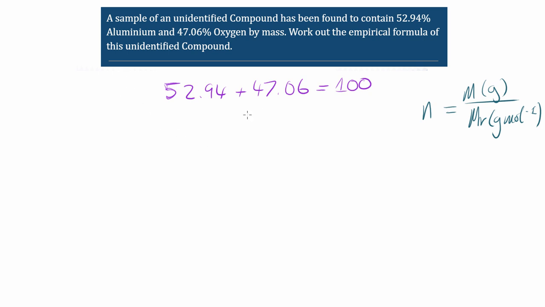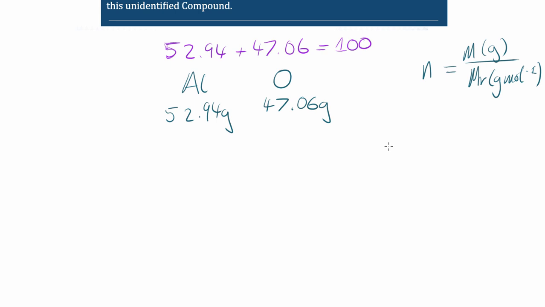Based on that assumption, for the aluminium it's 52.94 grams, and for the oxygen that's 47.06 grams, right?